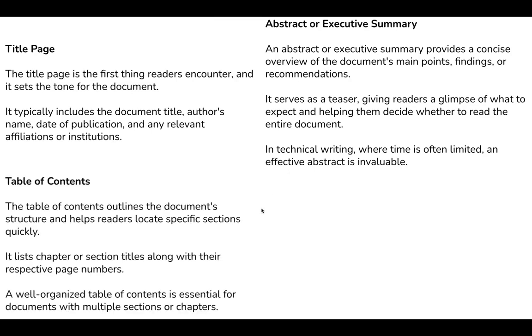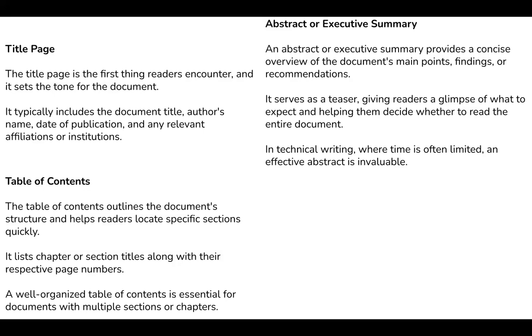So the next one is the table of contents. So this outlines the document structure and helps readers locate specific sections quickly, right? I've had experiences where I bought a book or downloaded a book and I found out that there's no table of contents. So I have to scroll down or use the find option to look for the article or the section I'm looking for, right?